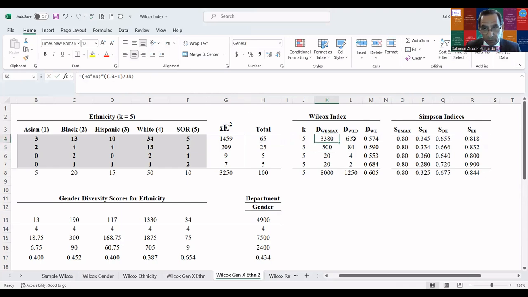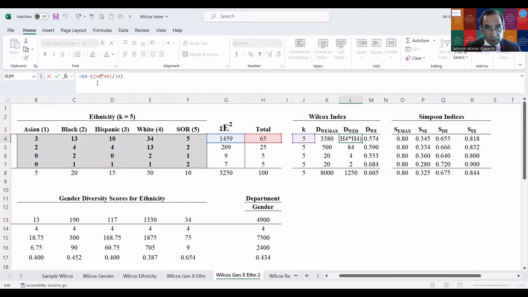To obtain the Wilcox dominance score or similarity concentration score, it's going to be the sum of little n squared, so it's going to be the frequency squared. So that's 1450, minus the total number of individuals in the workforce, so that's 65 times 65 divided by K. In this case, K is 5. So that gives me 614.